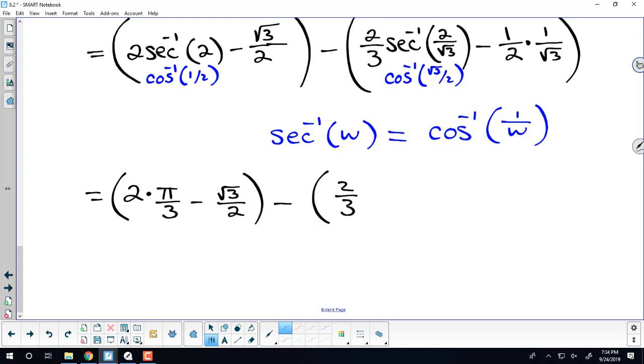What's the inverse cosine of root 3 over 2? Or the cosine of what gives me root 3 over 2? Cosine of pi over 6 gives me root 3 over 2. So inverse cosine of root 3 over 2 is pi over 6. And then we have minus 1 over 2 root 3.